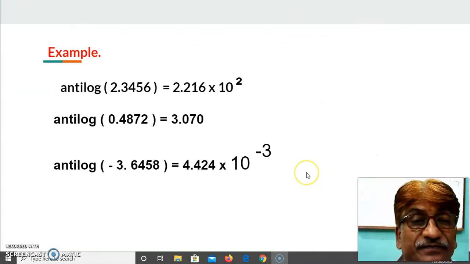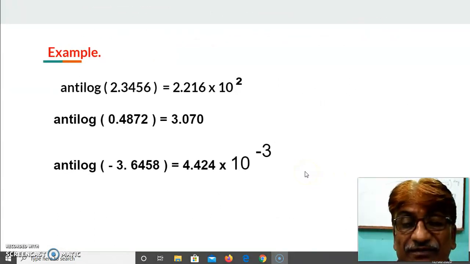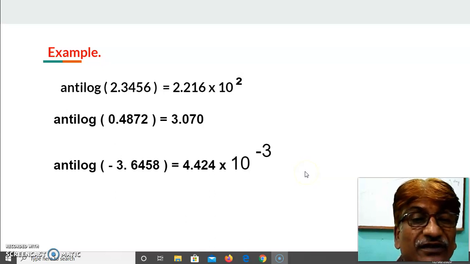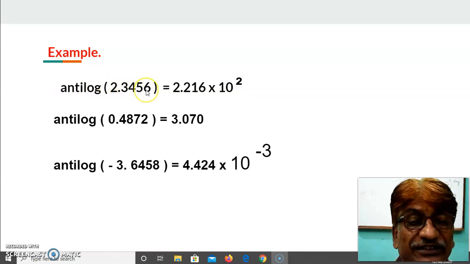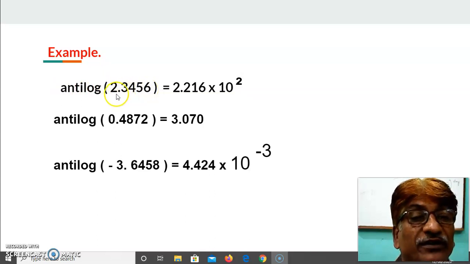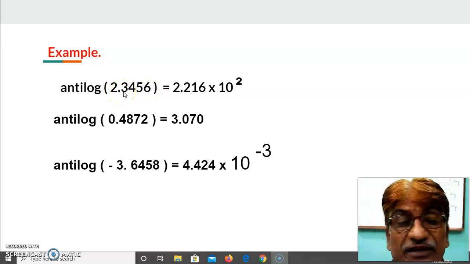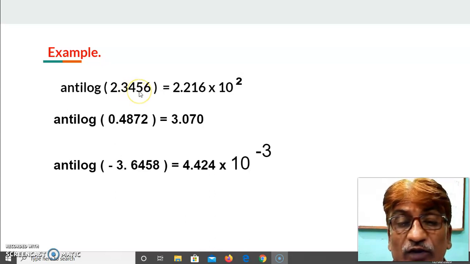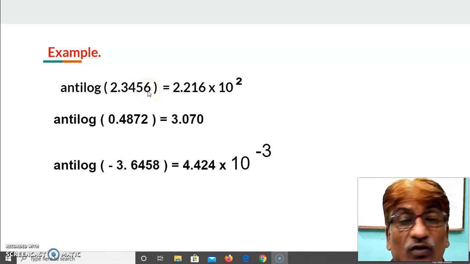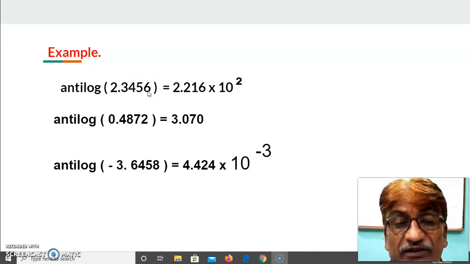Example: this rule is seen but we have not understood. If we can understand, so here antilog of 2.3456, 0.34 are the first 2 digits, 5 will be the third digit and 6 will be the fourth digit in mean difference.